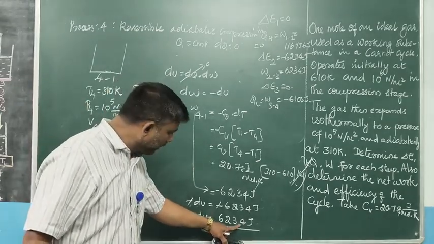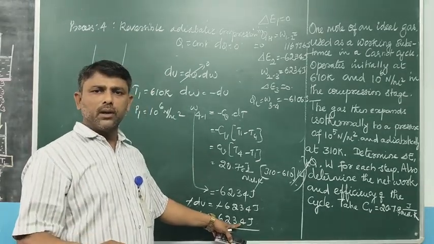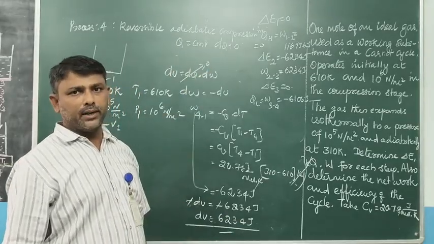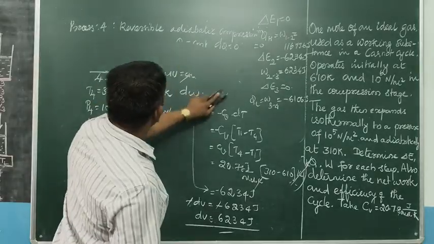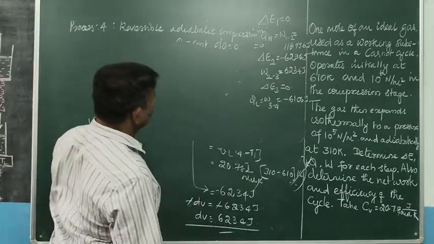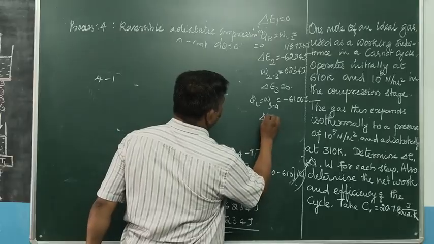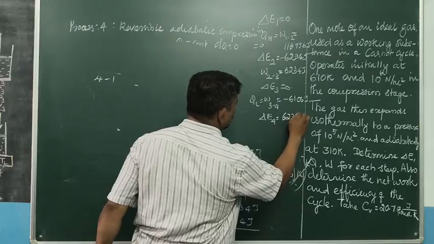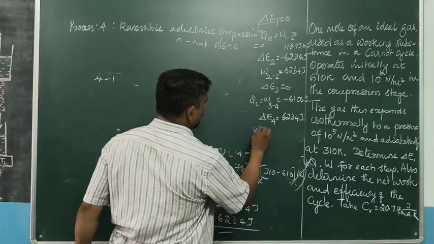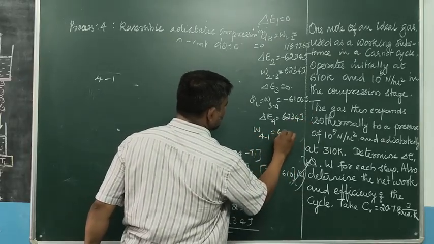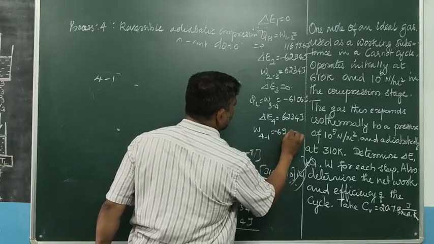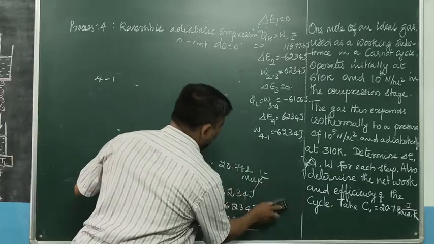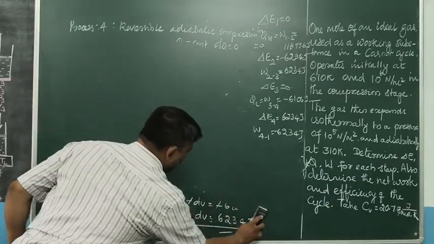This is the amount of heat added to the system as internal energy due to adiabatic compression process. Clear? Okay. Del E4 is equal to 6234 joules, and work 4 to 1 is equal to minus 6234 joules. Clear? Each and every step we estimated del E, Q and W.